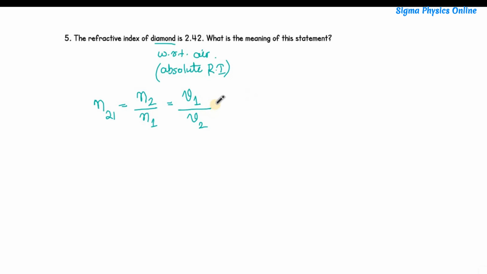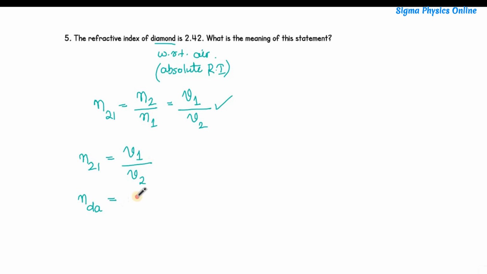Now let us understand this question in terms of this equation. So refractive index of second medium with respect to first medium, as per the velocity of light, is the velocity of light in the first medium by velocity of light in the second medium. So here the second medium is diamond and the first medium is air.